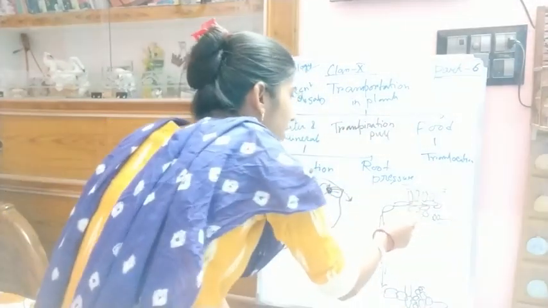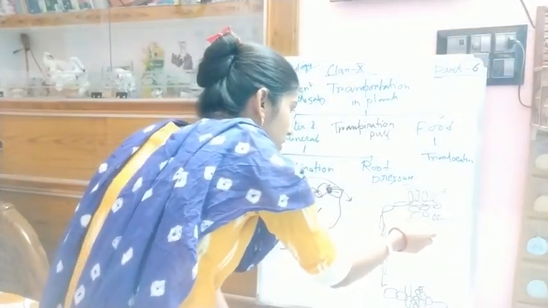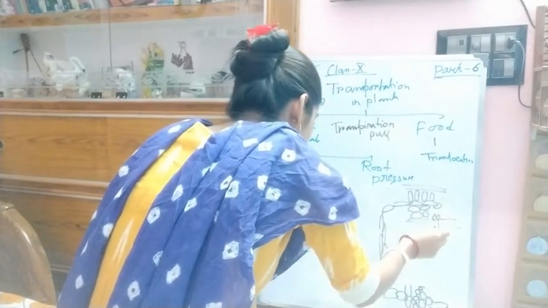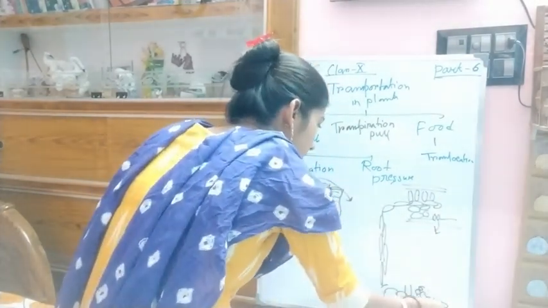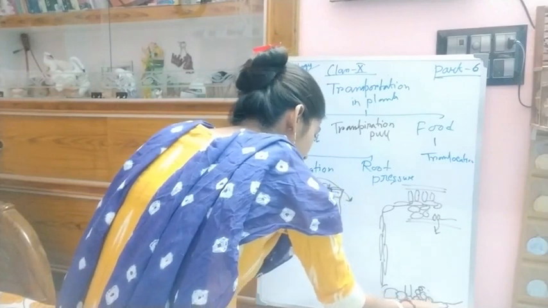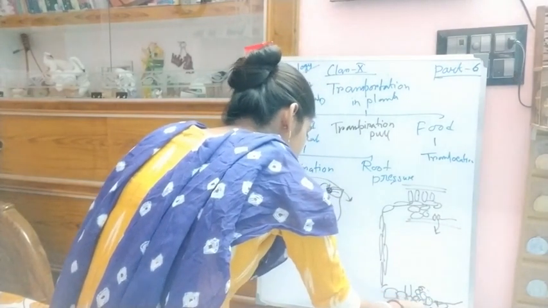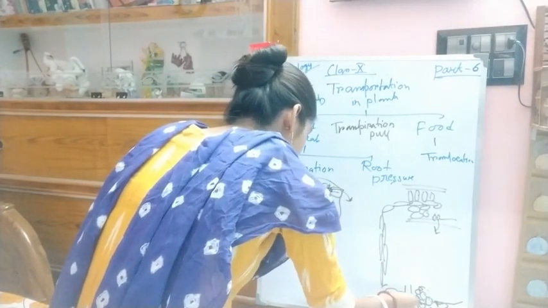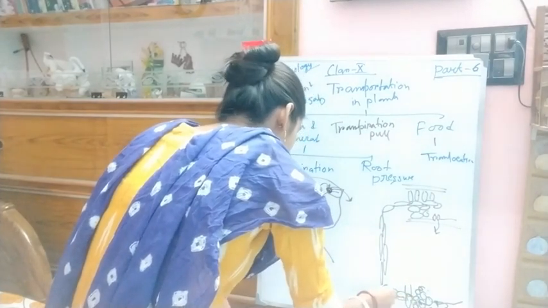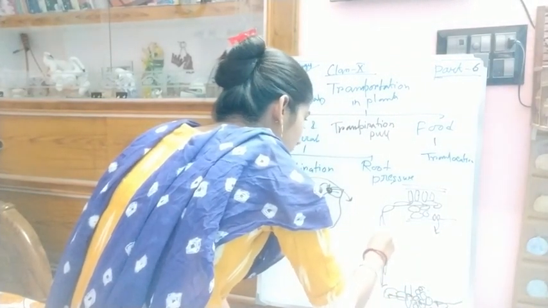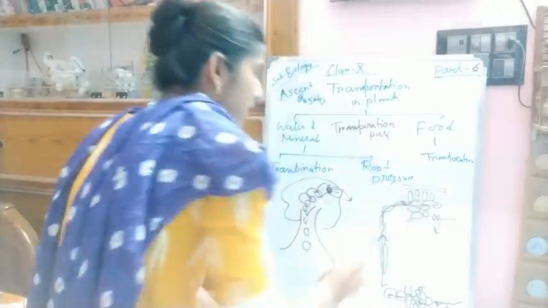This is palisade parenchyma, spongy parenchyma, stomata, and through the stomata transpiration is occurring. Through the roots here, water enters, and then it reaches the cortex, then the endodermis, then moves to the xylem, and this is the xylem. With the help of that, the water passes through that part.